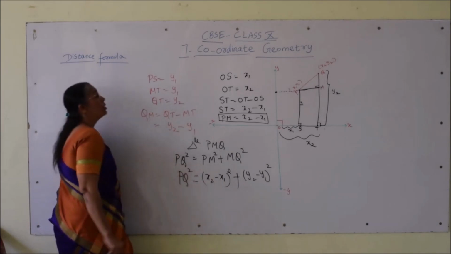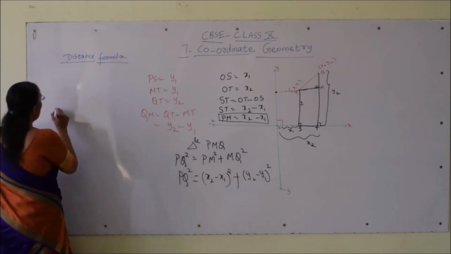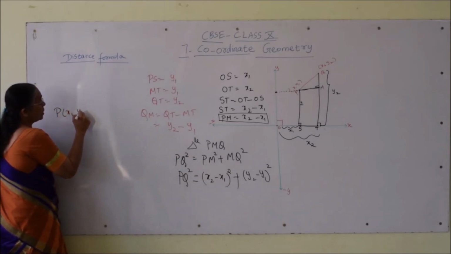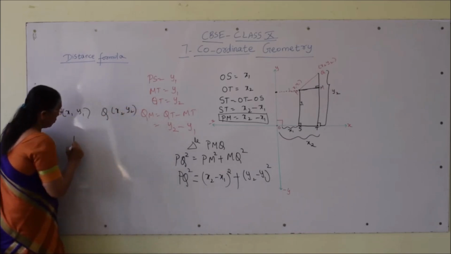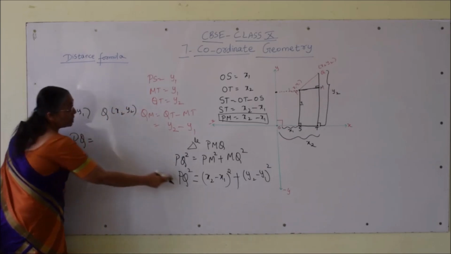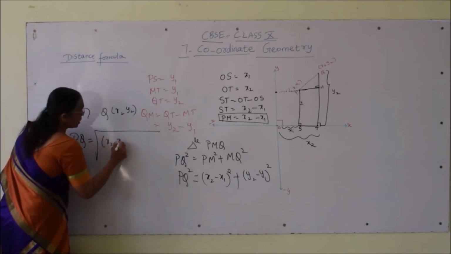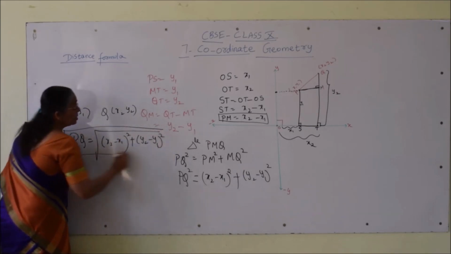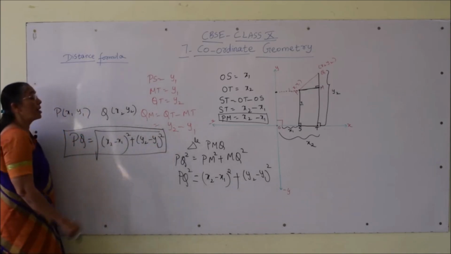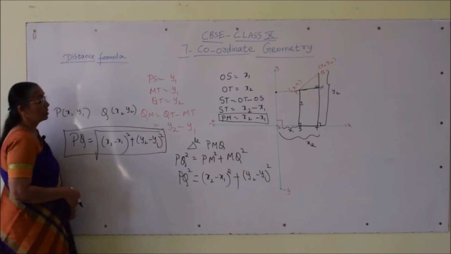Our aim is to find the distance between the points P, x1 comma y1, and Q, x2 comma y2. So what will be the distance PQ? PQ is root over x2 minus x1 whole square plus y2 minus y1 whole square. So this is the distance between two points x1 comma y1 and x2 comma y2 in a plane.